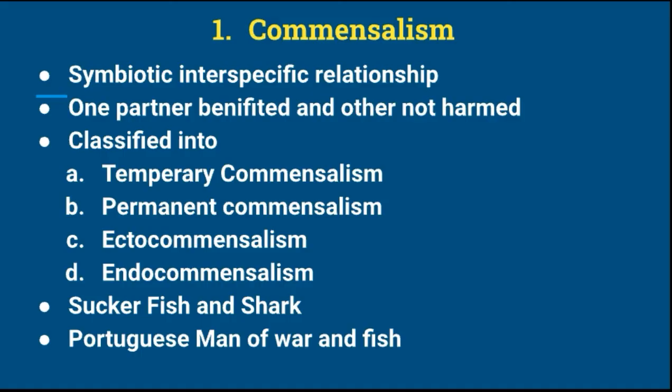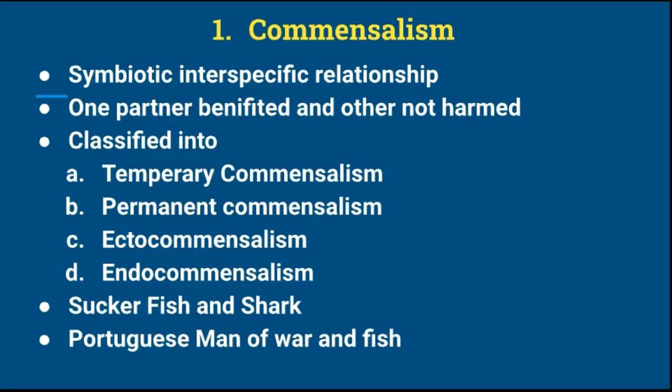What is ecto-commensalism? The ecto-commensal lives on the outer surface of the other partner. For example, suckerfish and shark, hermit crab and sea anemone. And the endo-commensal lives inside the body of the other partner. That is called endo-commensalism. These are the four subtypes of commensalism.